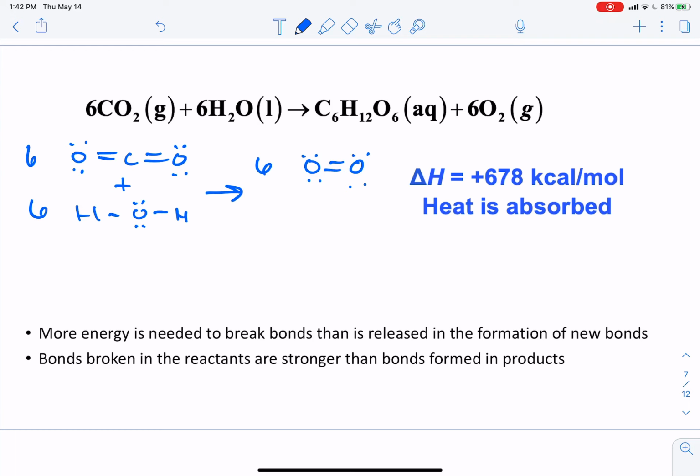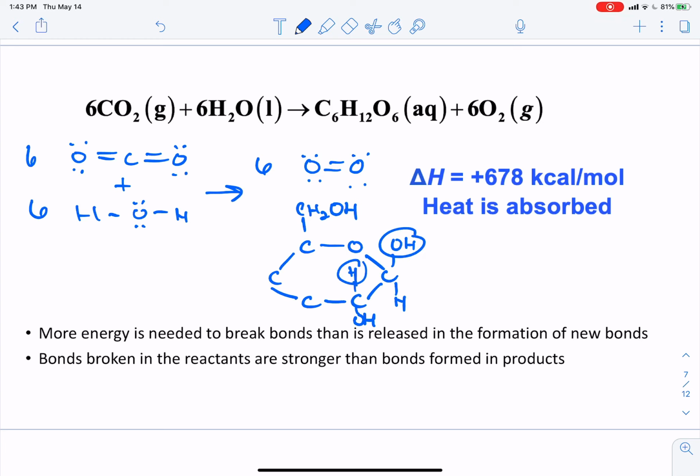And then we're going to make a glucose. And a glucose is a ring of carbons, and we've got 1 oxygen in the ring, and it's kind of got a weird shape, and it's got a lot of hydrogens and oxygens on it. Now those hydrogens, or that hydrogen and that OH that I drew right there, those are above the ring, okay?